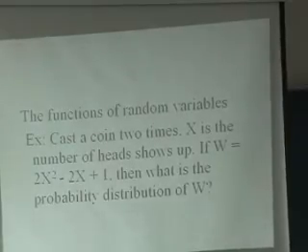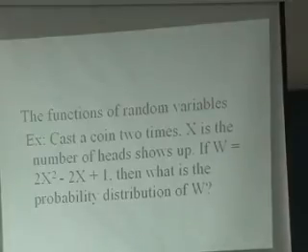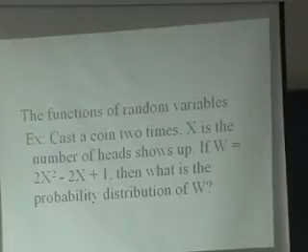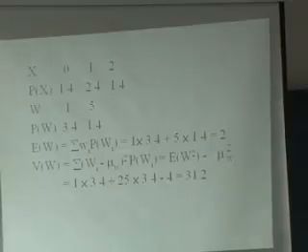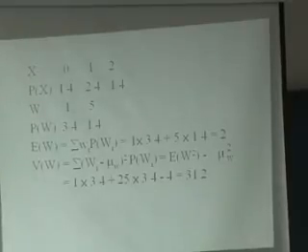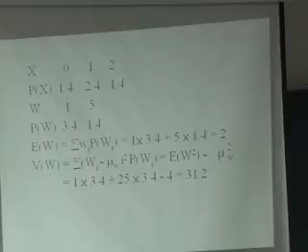But of course, because this is just an example, still we will do it this way. So we know the probability distribution of x: when x is equal to 0, you get probability 1/4, and when x is equal to 1, you get the probability 1/2, and 2, the same thing, 1/2.